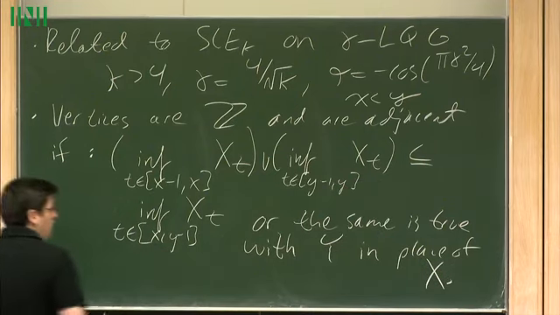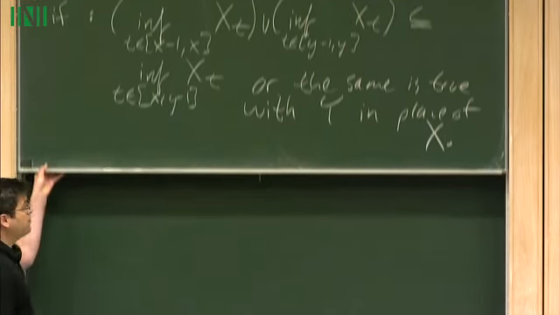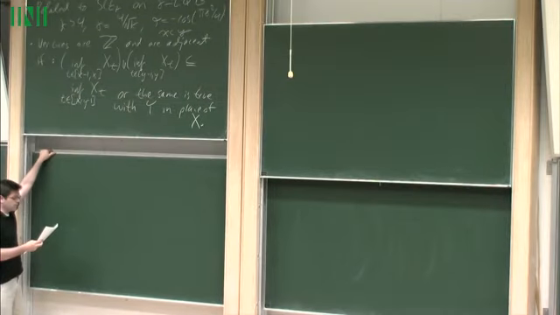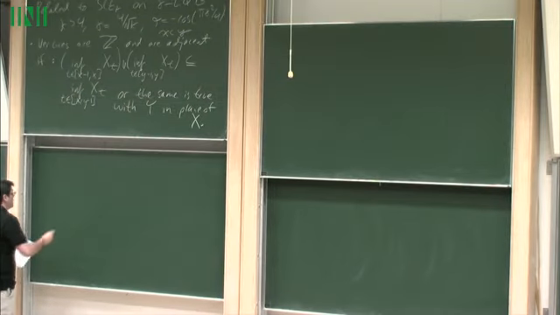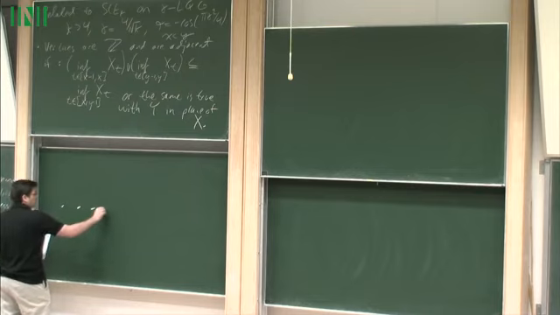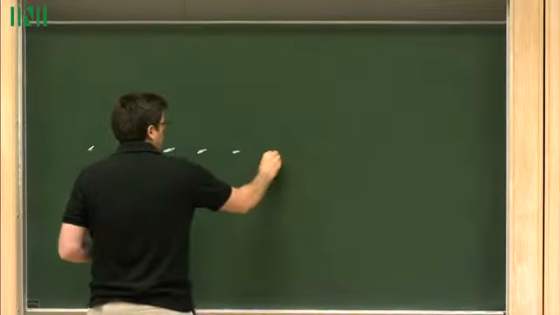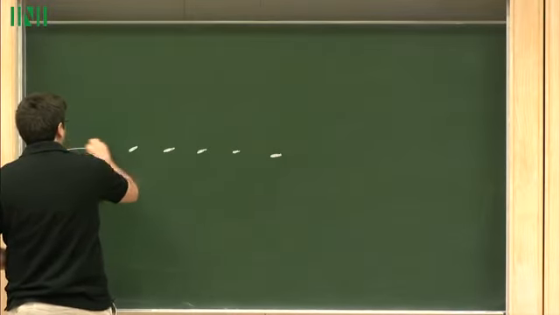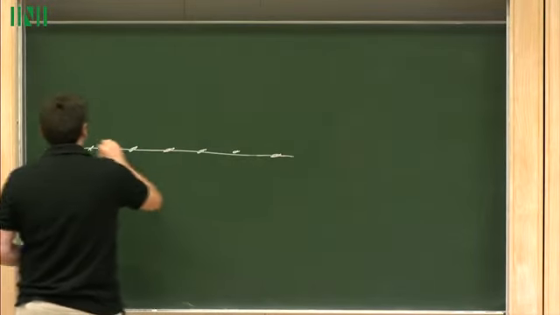Just to remind you, this definition comes with a very nice picture. This is exactly the same thing as the picture I drew last time, where you take your two processes, X and Y, and you draw their graphs.